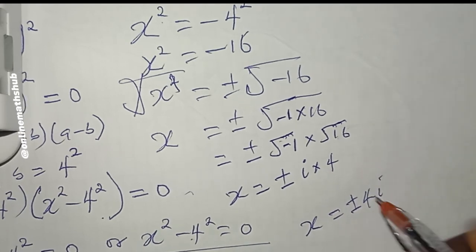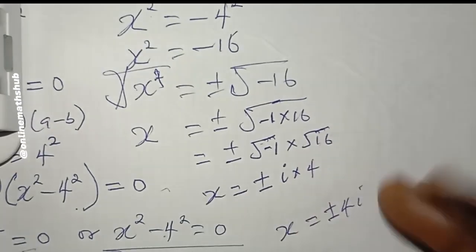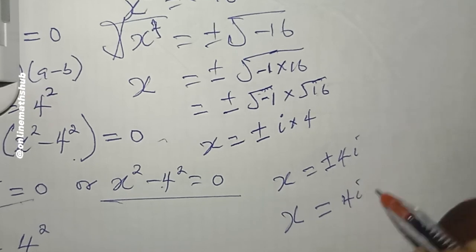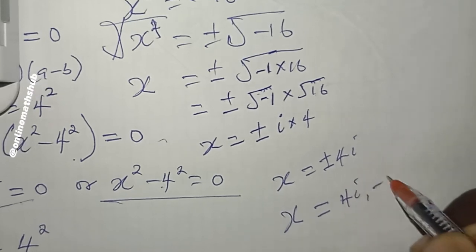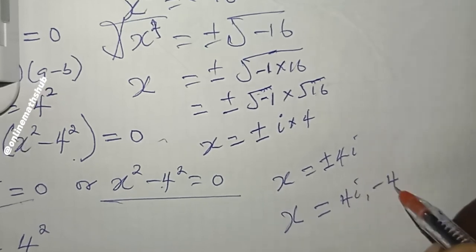You can see clearly here that the other two values of x are positive 4i and negative 4i.